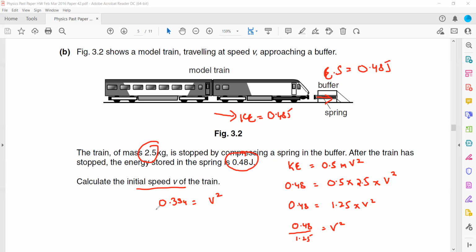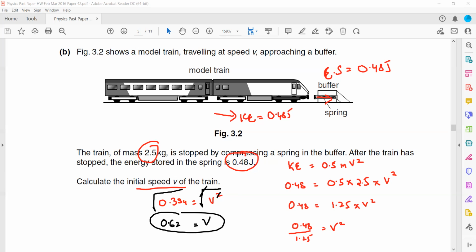So to remove the square, we take the square root of both sides. The square will cancel with the root, so we are left with v. When we take the square root of 0.384, this will give us 0.62 meters per second. So the speed is 0.62 meters per second.